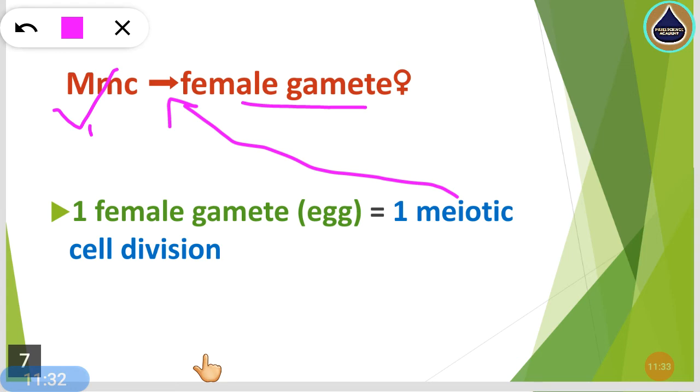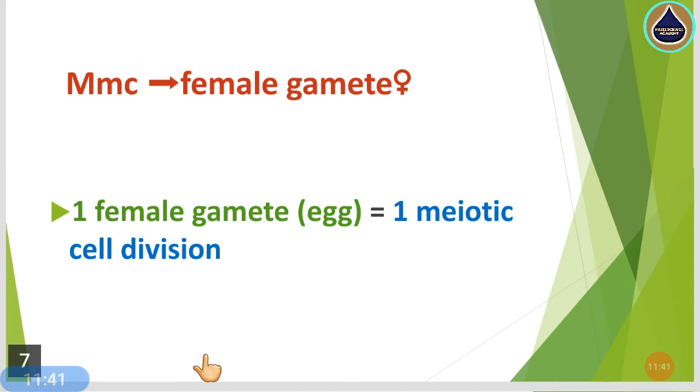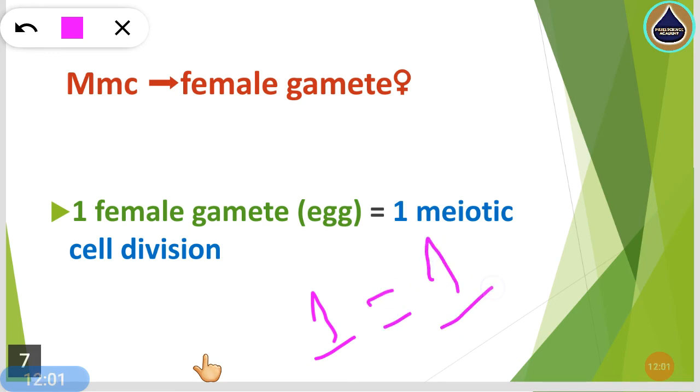So simply, whatever the number of female gametes is, it is the number of cell divisions. So in the female gamete formation process, the formula is: the number of female gametes is equal to the number of meiotic cell divisions. It means if one female gamete is needed, one meiotic cell division is needed.